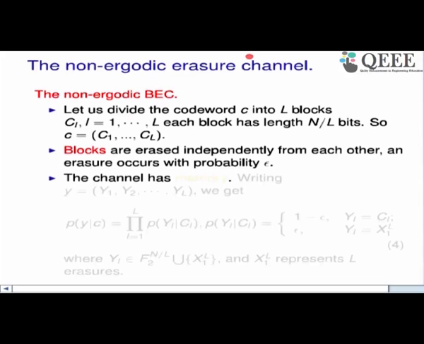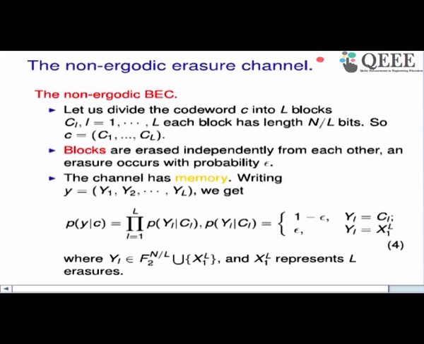Remember, this block erasure channel has memory. Why does it have memory? Because if the first symbol is erased, the entire block is erased. Similarly, if any symbol of any block is erased, it means the entire block is erased. It's an important concept. Because this channel has memory, it is natural to combine the received signal into blocks.